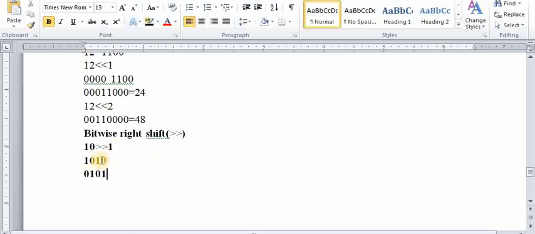Now what do we have? We have only 1 0 1, which equals 1, 2, 4, so 4 and 1 will be 5.